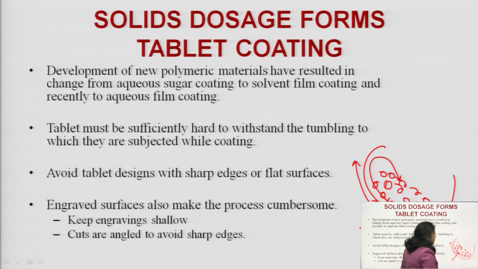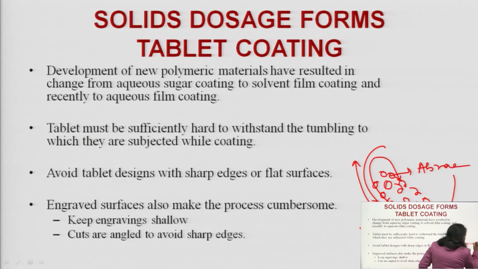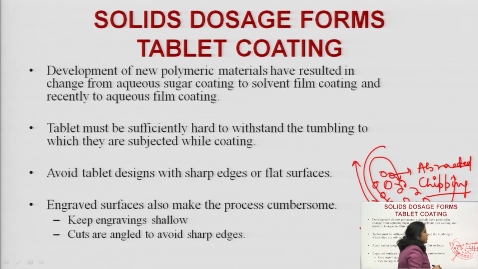During this tumbling effect, the tablets get abraded or chipping of the tablets can occur. So, ultimately the tablets are broken down, and when the liquid is sprayed, it is sprayed on the broken tablet, and our tablet coating process is not up to the mark in that case.